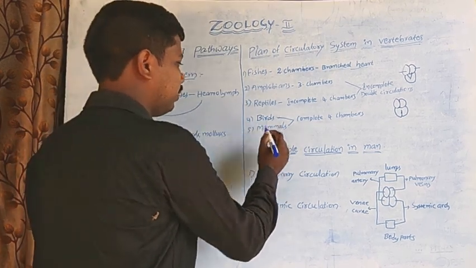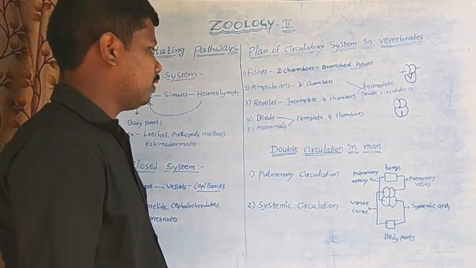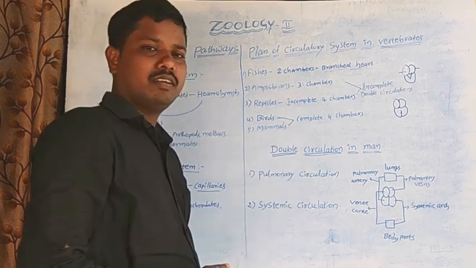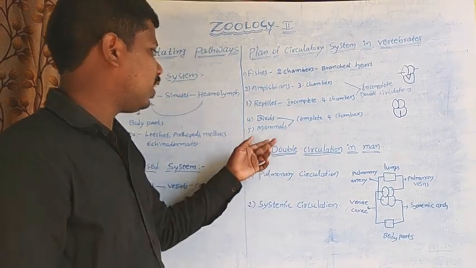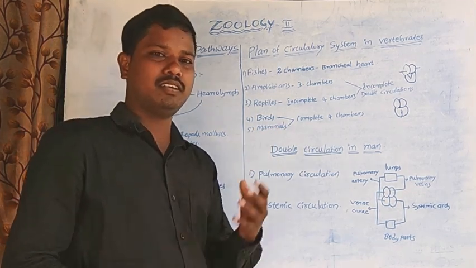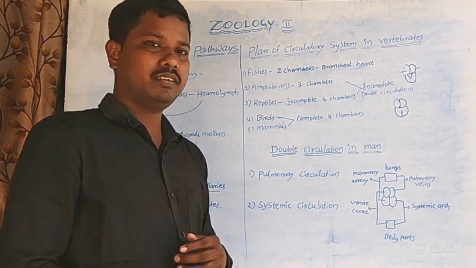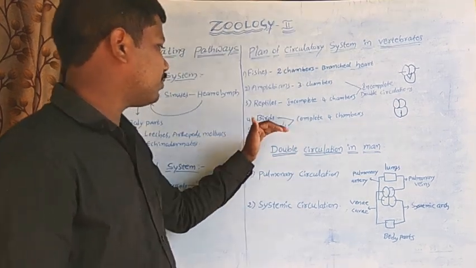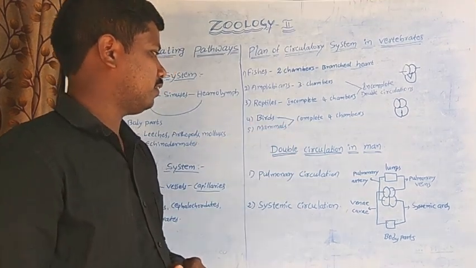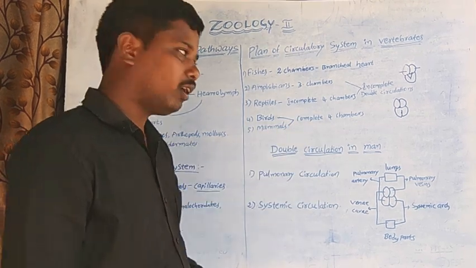Next one, birds. The bird heart is a complete four-chambered heart, as well as the mammal heart, which has four completely divided chambers. Birds and mammals exhibit double circulation.